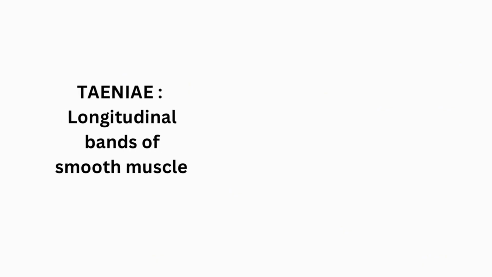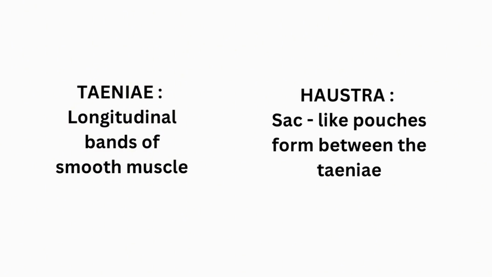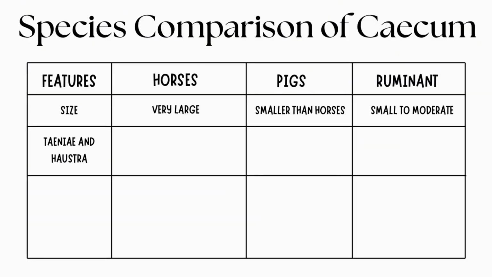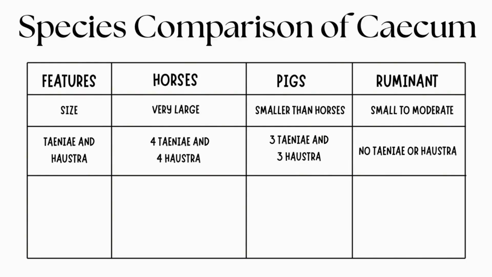Teniae are longitudinal bands of smooth muscle, while haustra are sac-like pouches or bulges formed between the teniae. Horses have 4 teniae and 4 haustra, while pigs have 3 teniae and 3 haustra. In ruminants, there are no teniae or haustra. For your information, the number of teniae and haustra corresponds with each other.